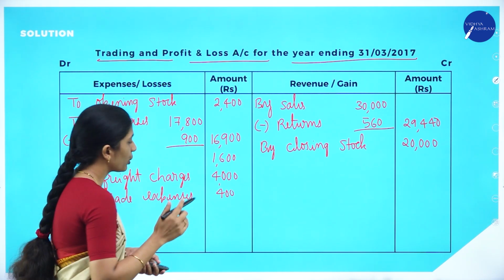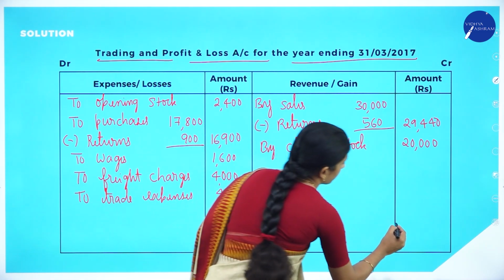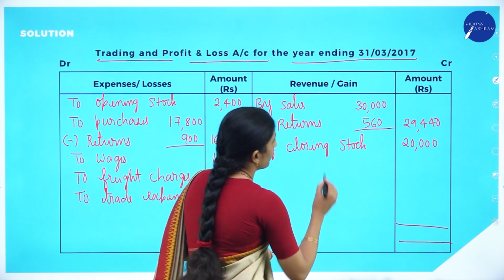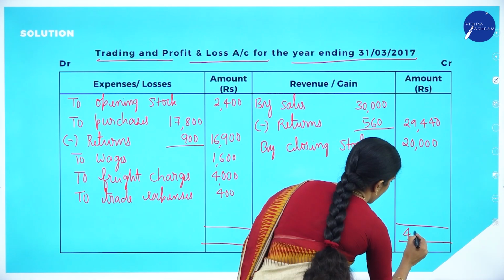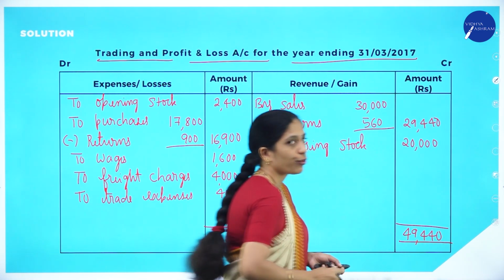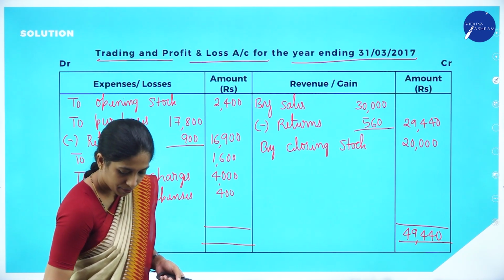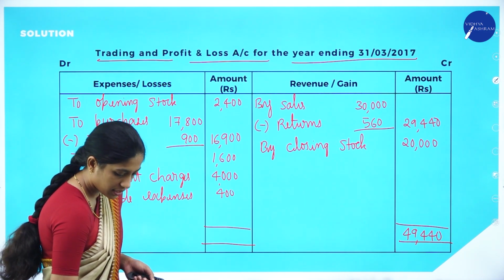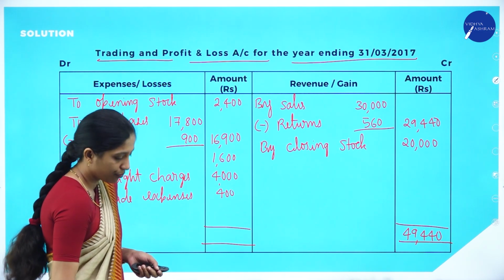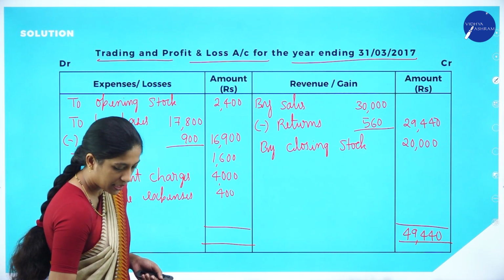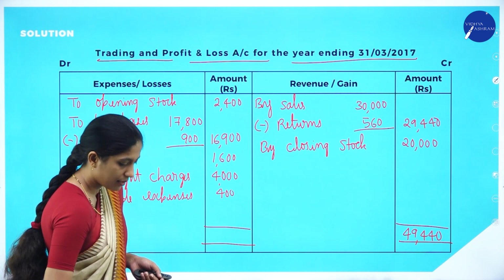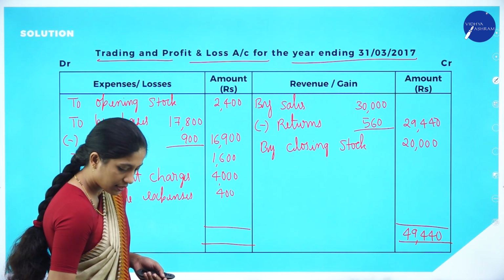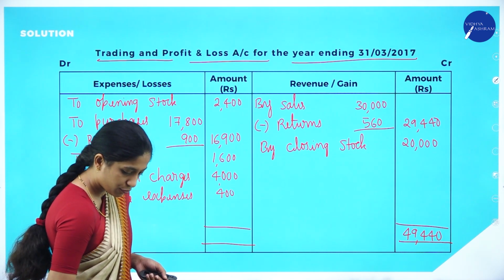No other direct expenses, so you will balance both the sides. Here it is 29,440 plus 20,000, so it is 49,440. Then 49,440 minus 2,400 minus 16,900 minus 1,600 minus 4,400.